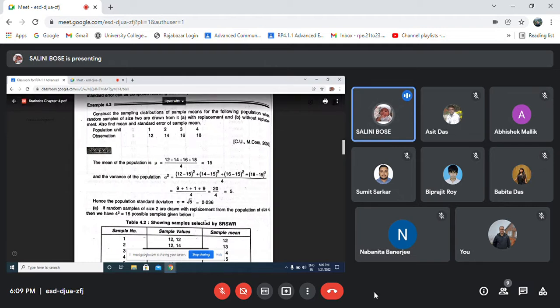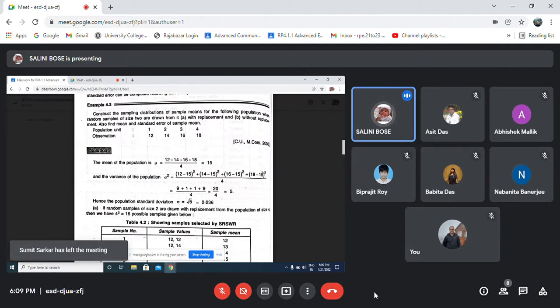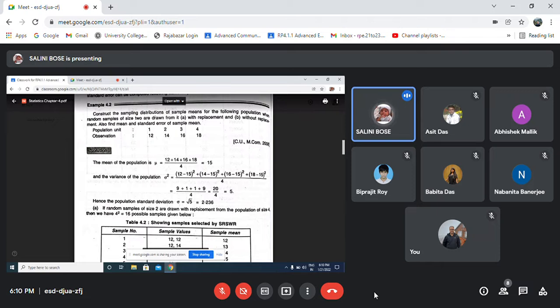So sigma square is equal to the summation of first unit minus mu whole square plus second unit minus mu the whole square plus third unit minus mu the whole square plus fourth unit minus mu the whole square, by total population units. Variation from the mean.